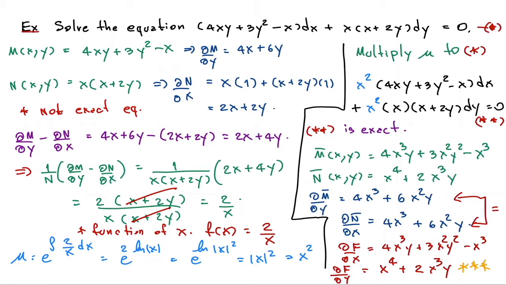But I'm not going to do that for you for this question. I did it for you in the previous one, and that took me quite a long time. As it is exact, you can use the direct method. I begin it for you here: first you integrate by y, differentiate by x, and then you compare. I give the solution here: x cubed times (4xy plus 4y squared minus x) equals c.